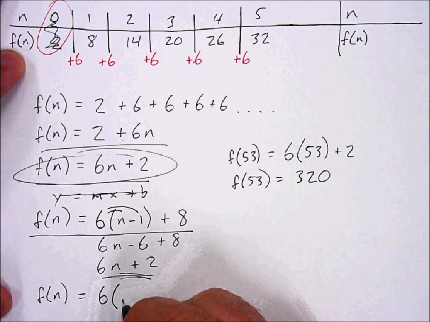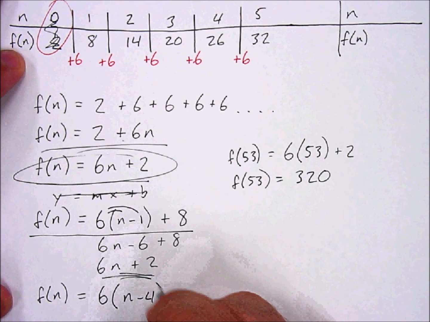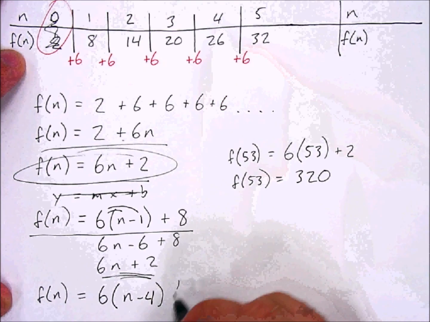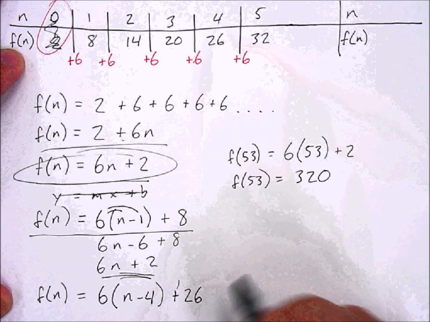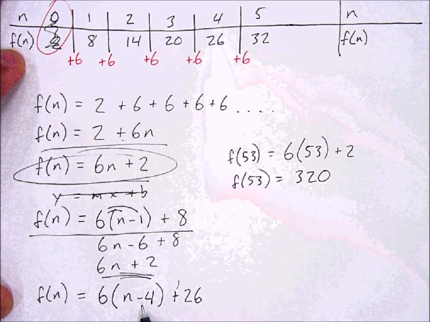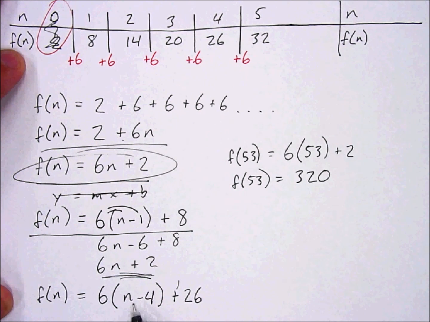I'm going to say n minus 4 number of times, since I'm starting with that 4th term, plus 26. So if I start at the 4th term, it repeats n minus 4 times, and then I put the 4th term in the sequence there. And if I distribute this out, it becomes equivalent to this also.